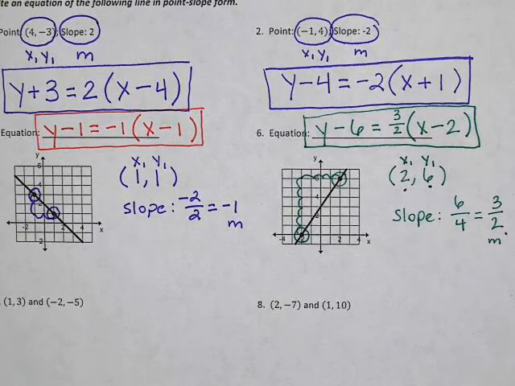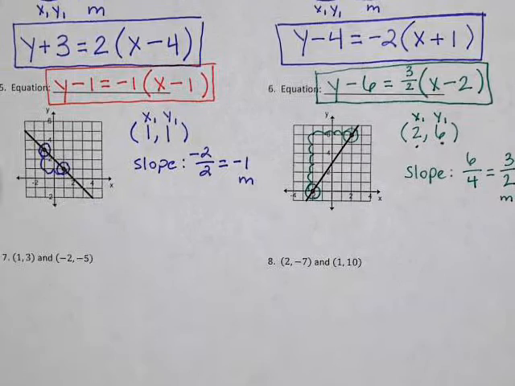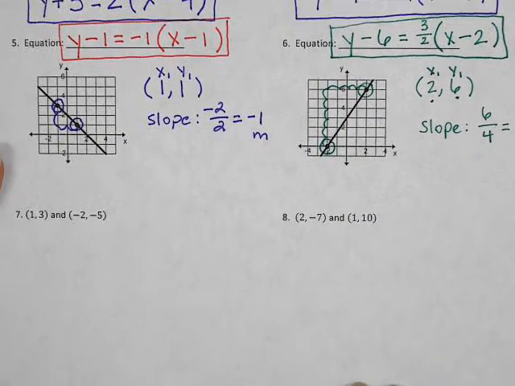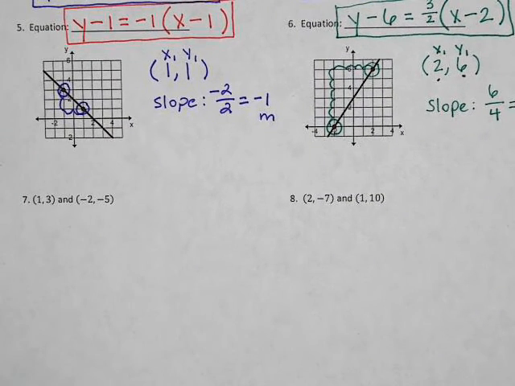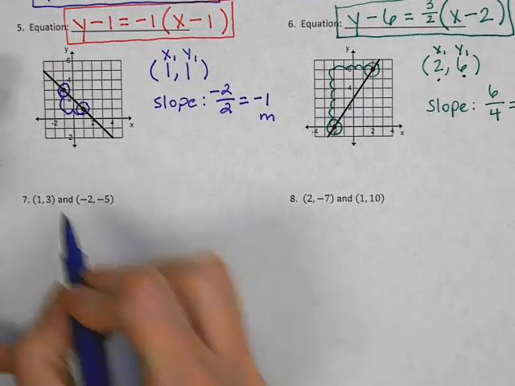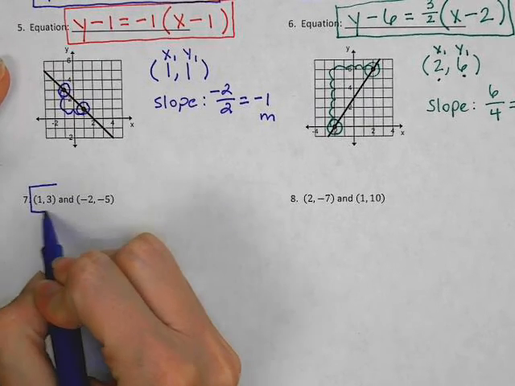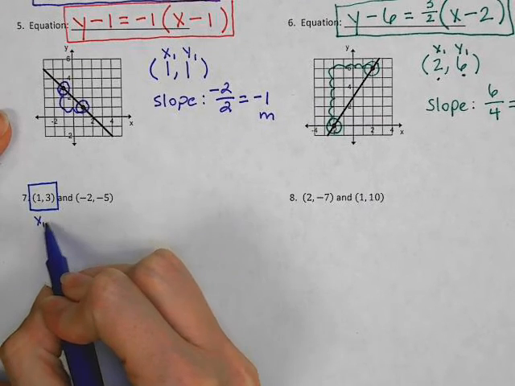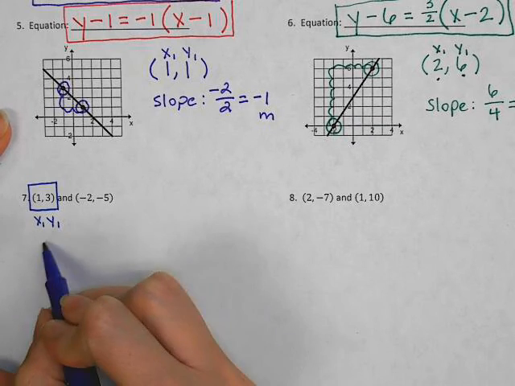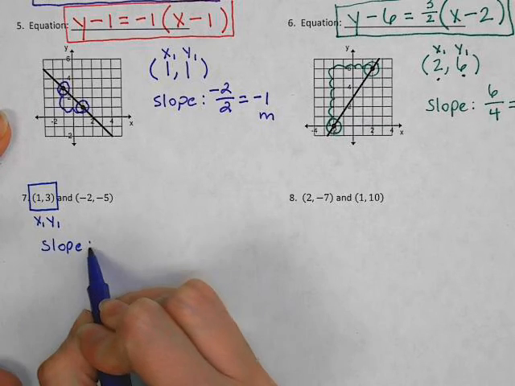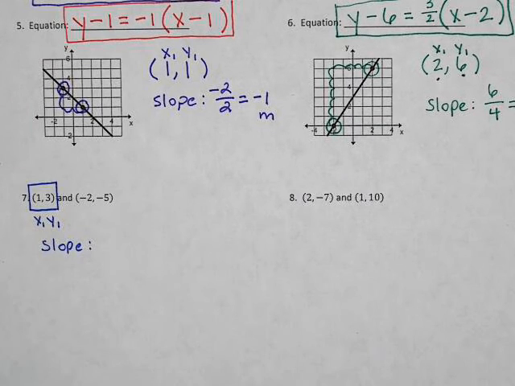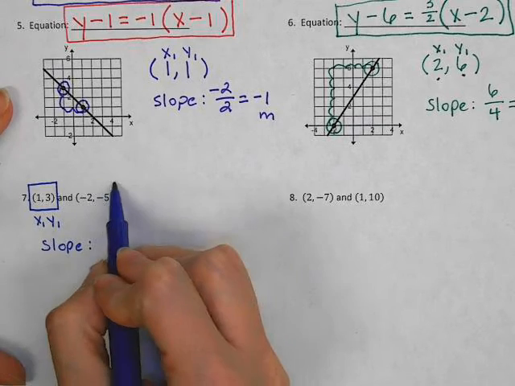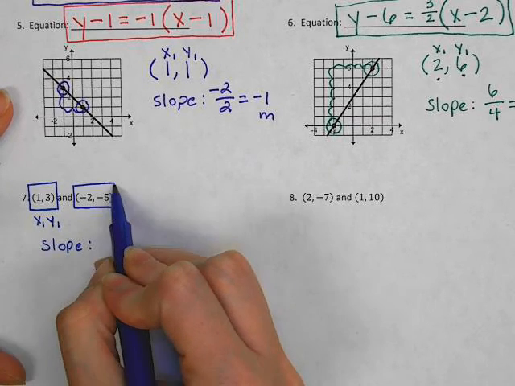All right, number 7, if they give you 2 points, how do you write it in point-slope form? So you pick one of them. Again, pick one of them. I'm going to pick the first one. Why not? Okay, so we already have our point, x1, y1. Now we just need slope. Now, if you're given 2 points, you guys have to find slope yourself.